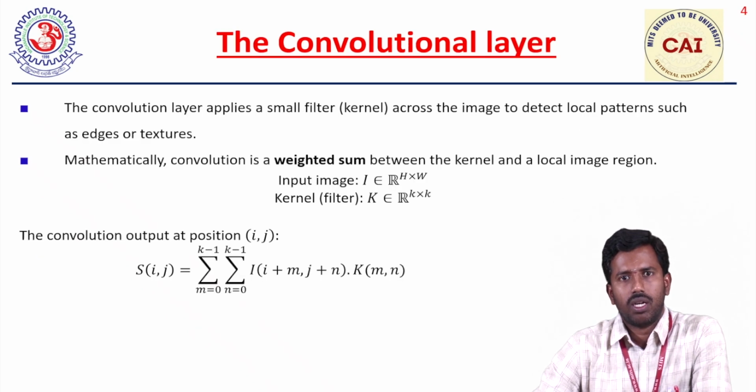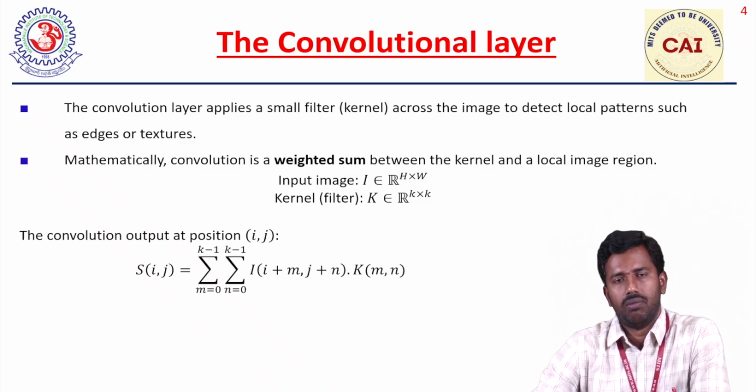The convolution layer mainly focuses on a mathematical equation which is considered a weighted sum. It is a simple multiplication followed by addition, applying the filter weights on the corresponding image region. The filter size and the image size are not equal. For example, the filter size is 3 by 3 and the input size is 8 by 8.